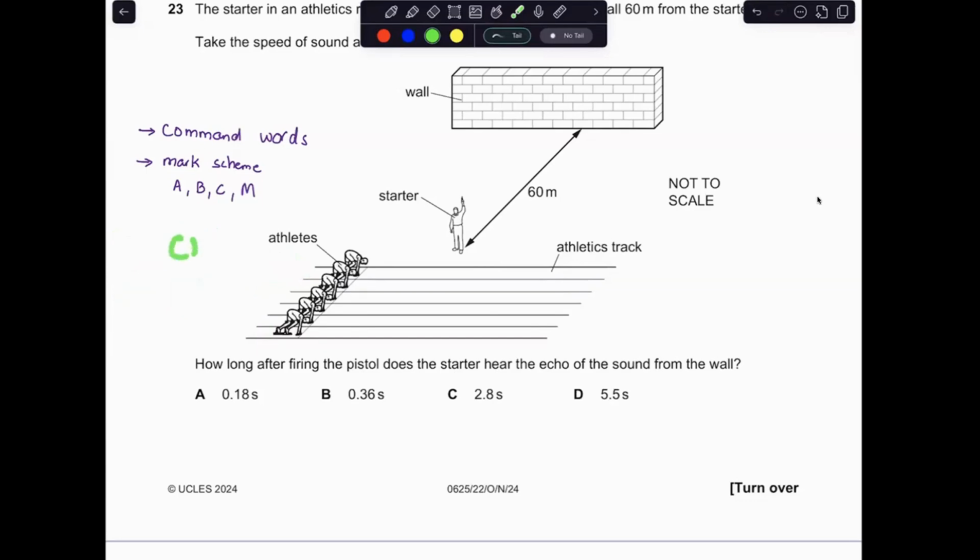And then C is actually a compensation mark. Most of the time it's just given for using the correct equation. It carries a mark if you know the equation and you write it down. Another thing is good test taking habits. For instance, if we look at this equation that we used earlier, some people will not write this out.